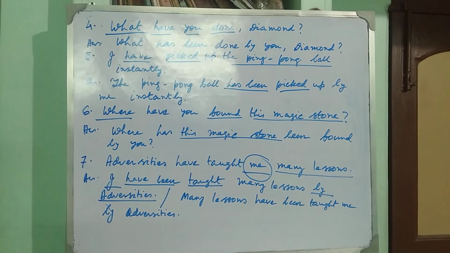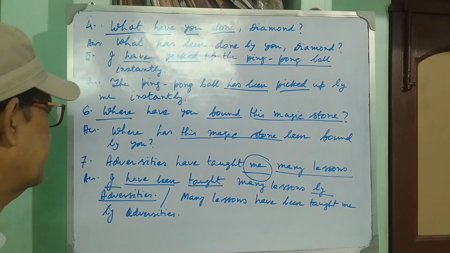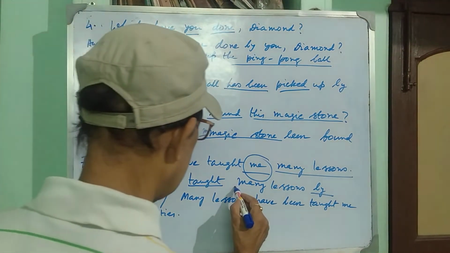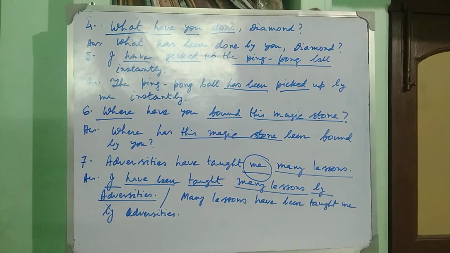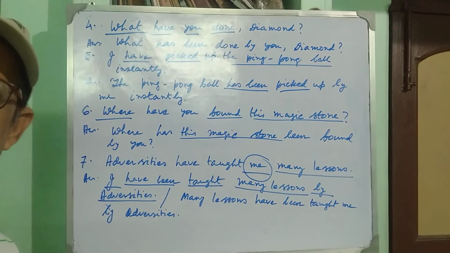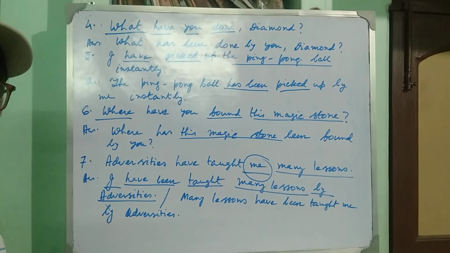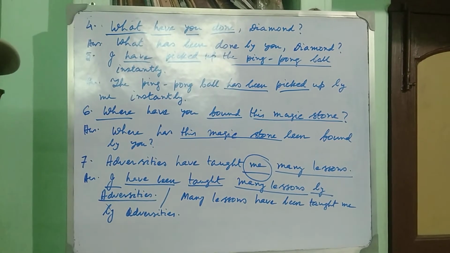In the first sentence you see that many lessons have remained as the object, so it is called a retained object. What is a retained object? When, during the voice change, the object remains the same in the passive voice, it is called a retained object.